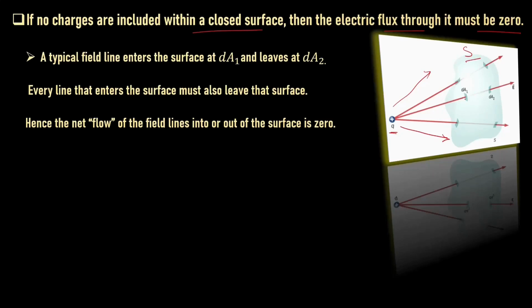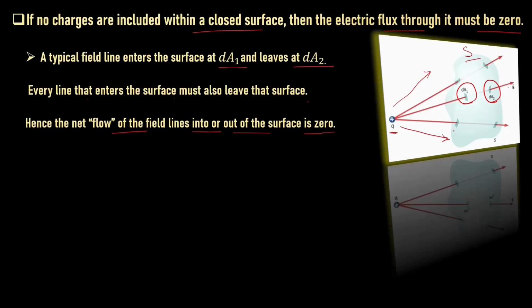Whatever field lines are crossing the given surface area dA1 are passing out from dA2 also. That is, a typical field line that enters the surface at dA1 leaves at dA2. Every line that enters the surface must also leave that surface. Hence, the net flow of the field lines into or out of the surface is 0.